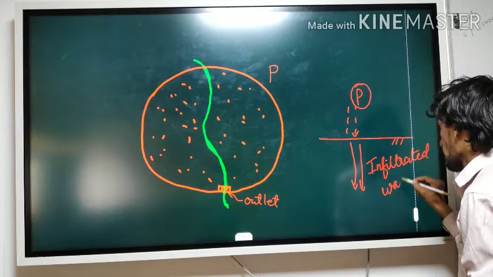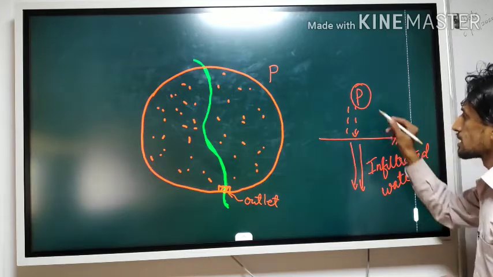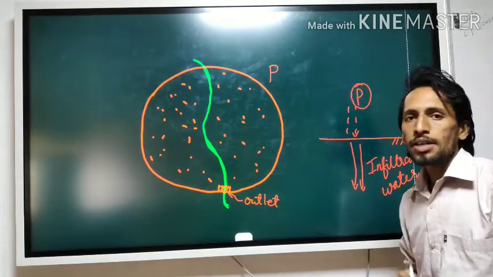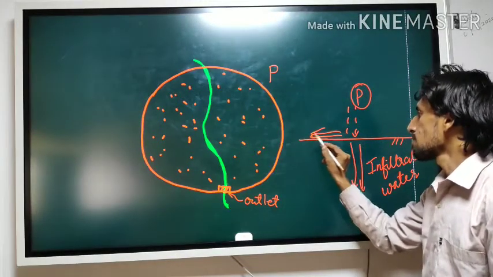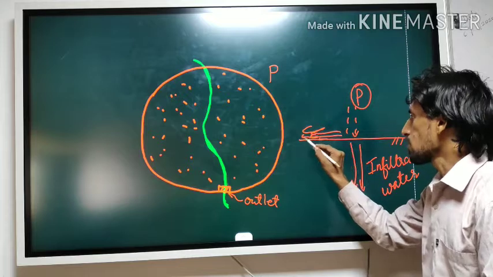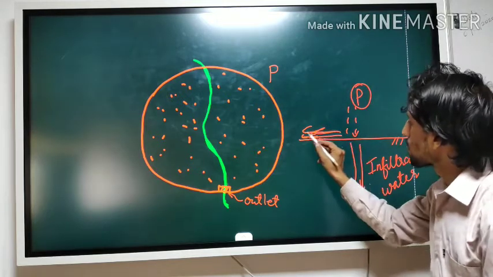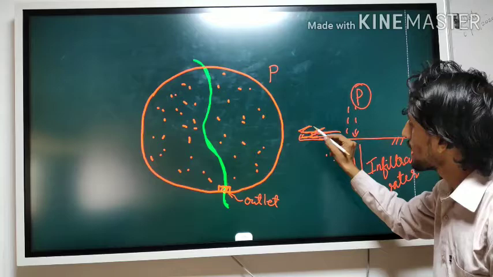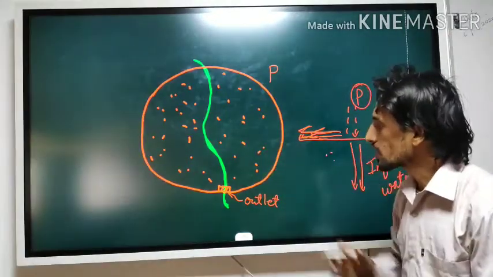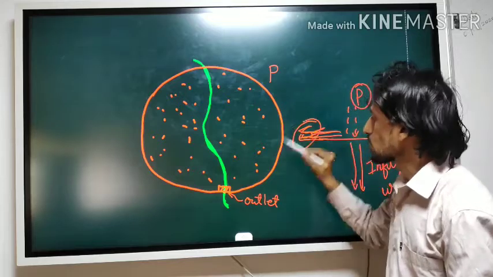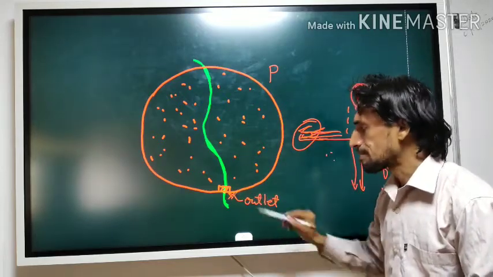water, and what will happen to the other part? It will simply flow over the ground. This water will finally come and meet this river system or this stream, and you can record this water at this outlet.